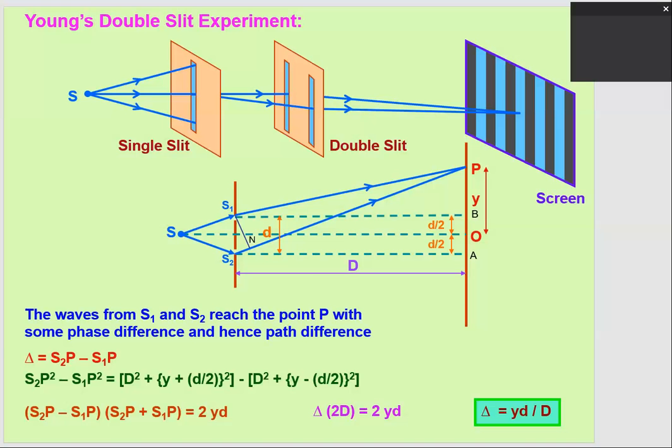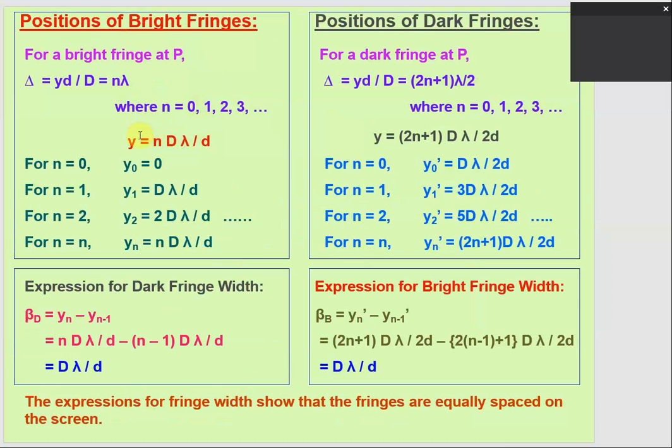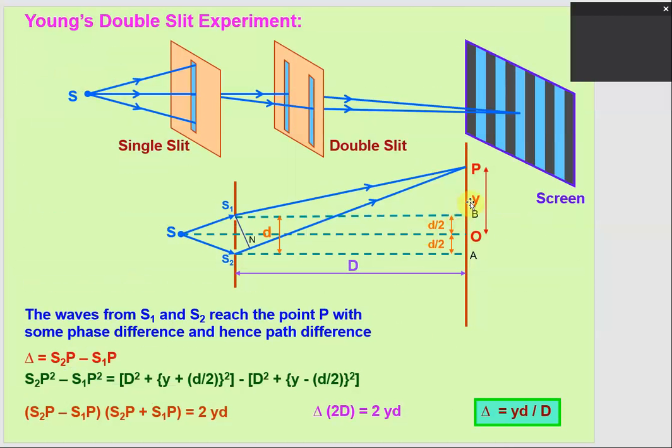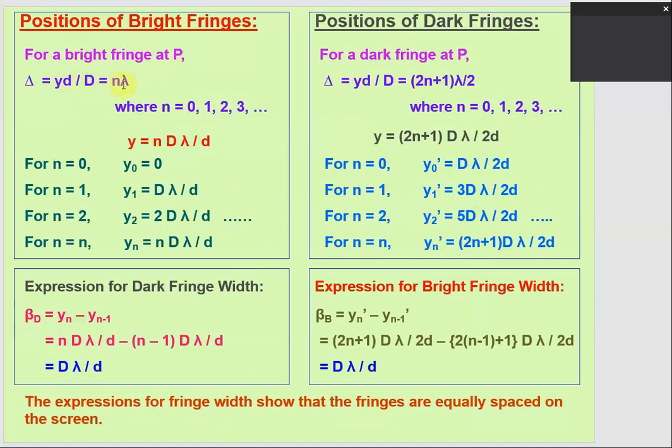Therefore we are getting the positions of all the bright fringes which will be formed. So from here, y, the position for the bright fringes, will be given by n times lambda capital D upon small d. This remains the formula for the constructive interference, or for the position of all the bright fringes, right?